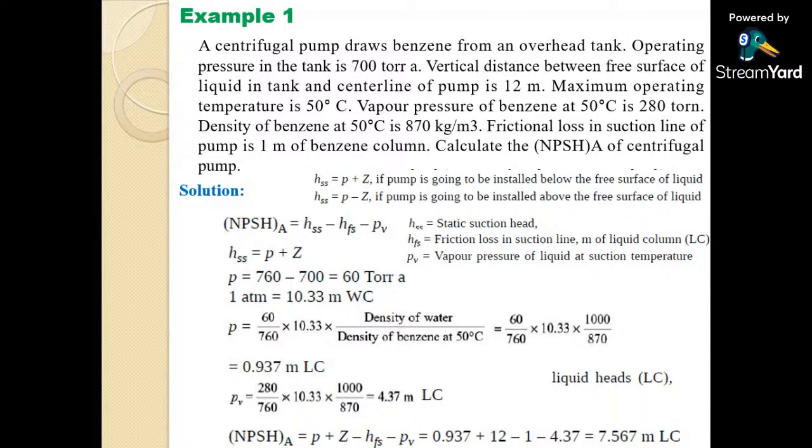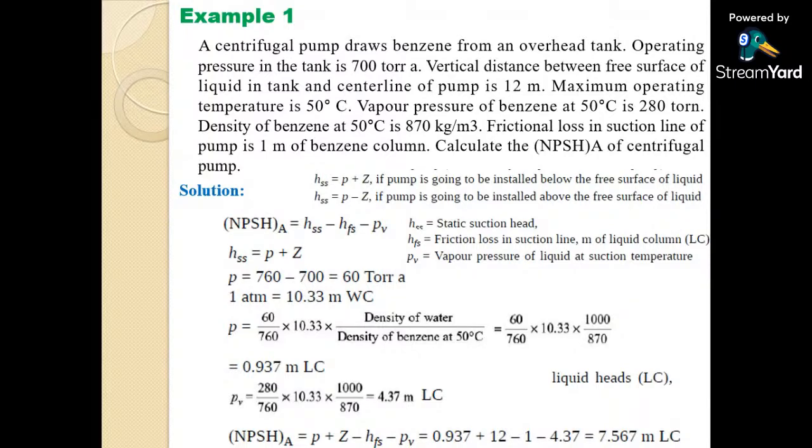And at the atmospheric condition it will be acting with same intensity, so it is nullified. Now from this equation we are getting the height in terms of water. बरोबर आहे. Meter of water column, so this is meter of water column, this is meter of benzene or the liquid column.